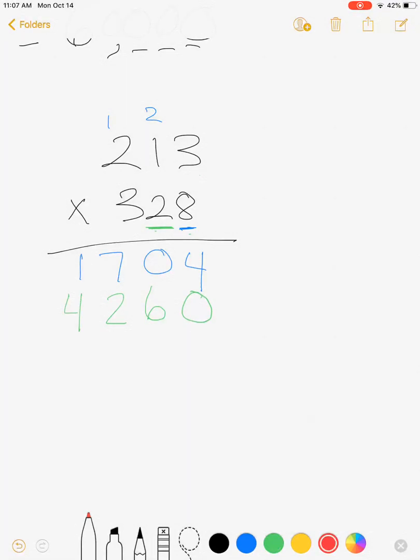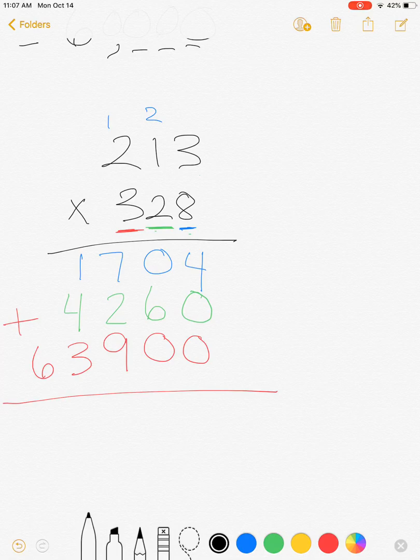Now we are moving on to the hundreds place. So I need to drop 2 zeros because it's 213 times 300. So 3 times 3, 3 times 1, and 3 times 2. And then I need to add all 3 of these partial products together.